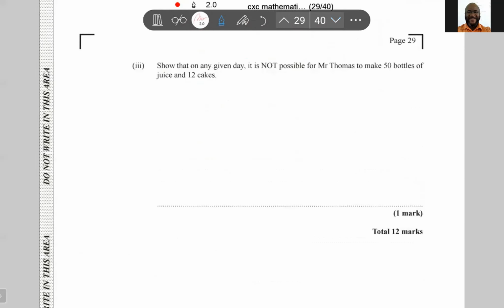Here it is. Show that on any given day, it is not possible for Mr. Thomas to make 50 bottles of juice and 12 cakes. All right, now let's see the total cost for 50 bottles of juice and 12 cakes.